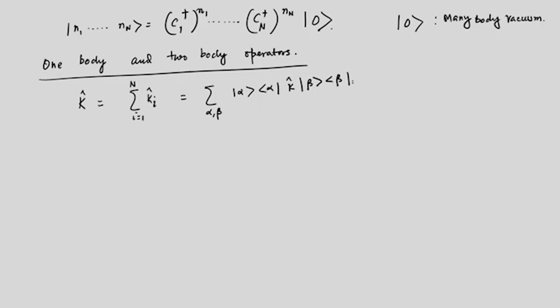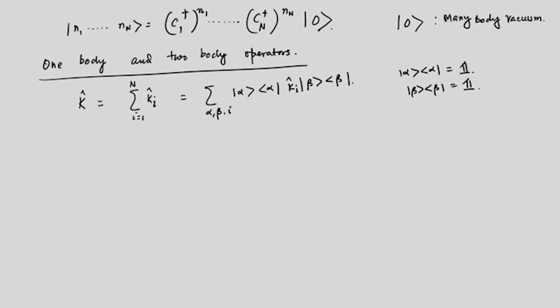Alpha and beta are single particle states, and |alpha><alpha| is called an outer product, and the completeness relation would give this, and similarly for the betas. So, I should write this with an i and so on.